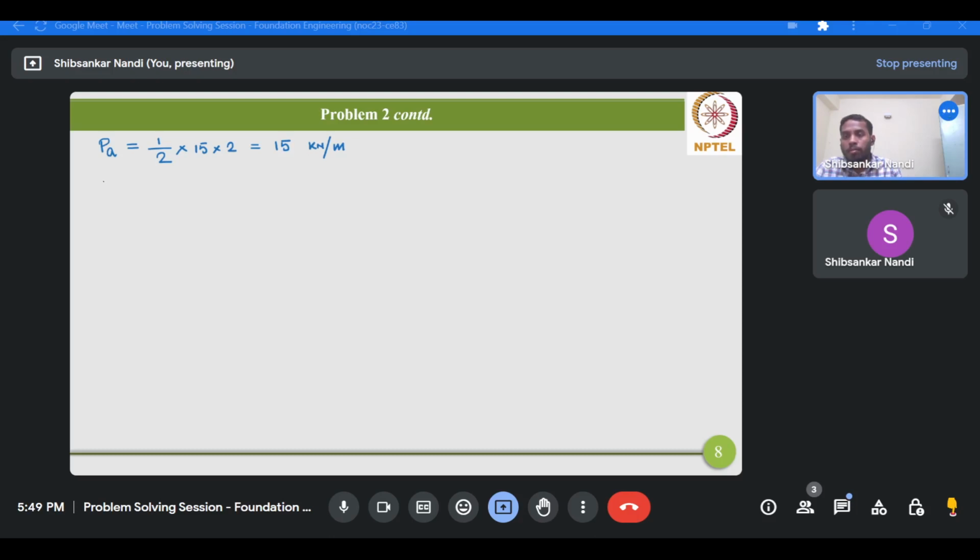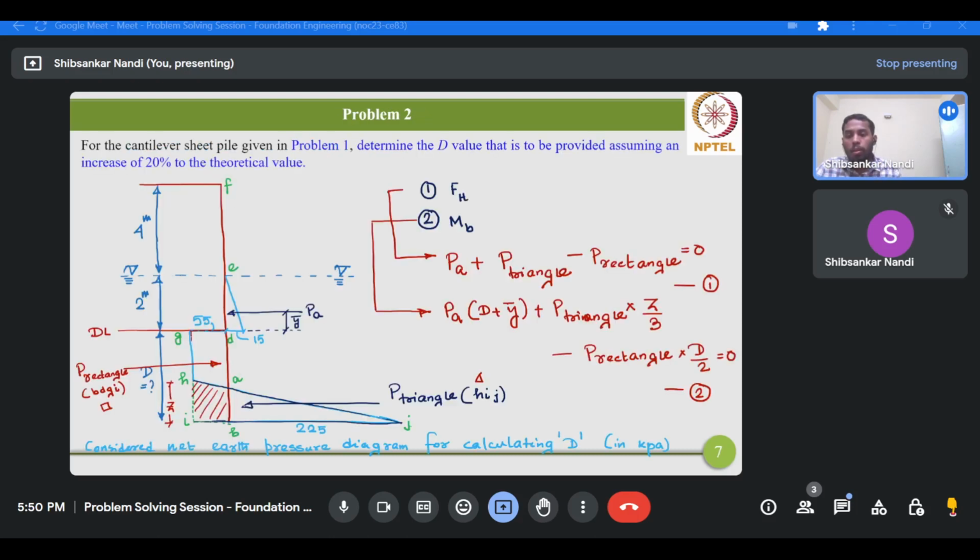Then P triangle. Again this is a triangular distribution, so the area of this triangle will give you the force. Now what are the dimensions of the triangle?